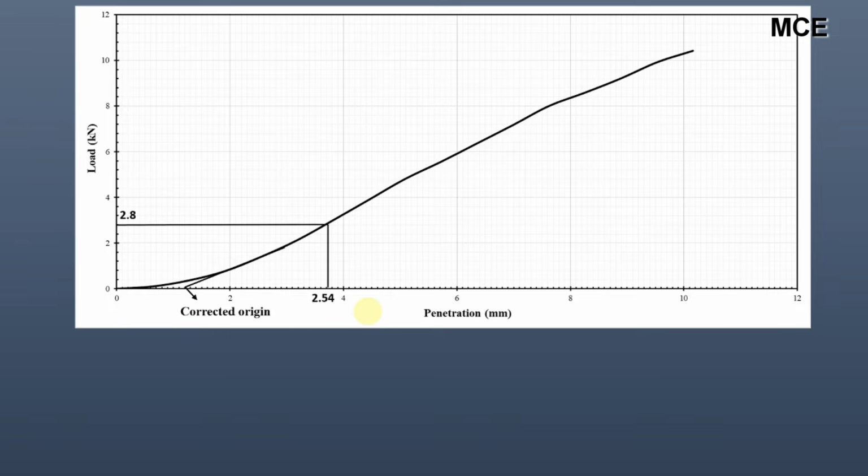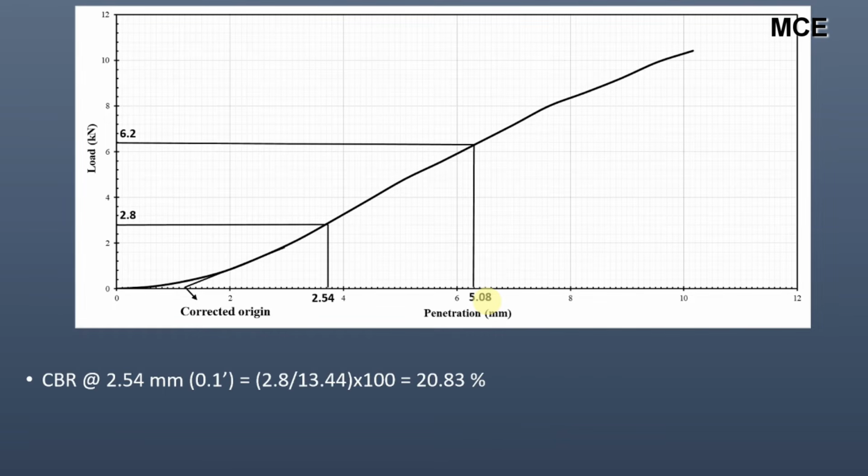Similarly, for 5.08 mm penetration, we will simply add 1.2 plus 5.08 mm, which is equal to 6.28. Find the value on the graph which lies here. From that point, we draw a vertical line which intersects the curve at some point, and from that point we draw a horizontal line which gives us the load corresponding to 5.08 mm penetration.